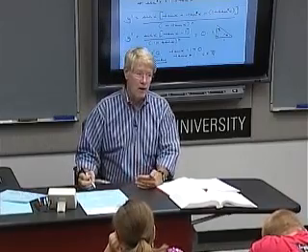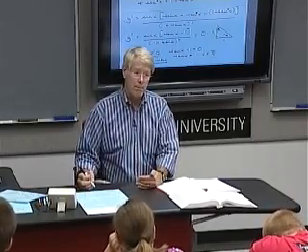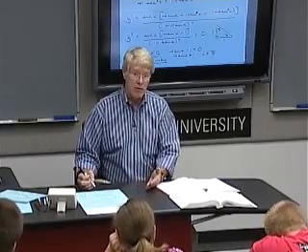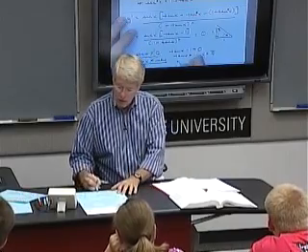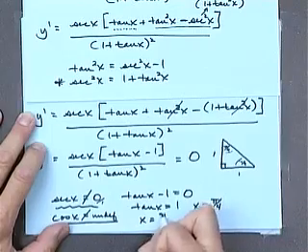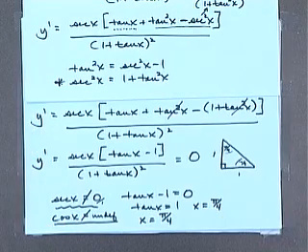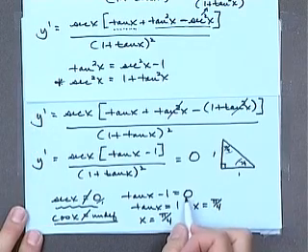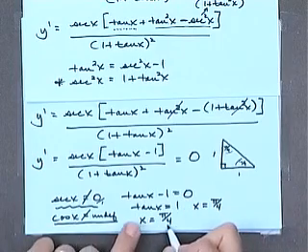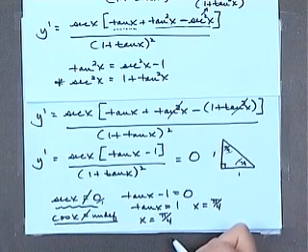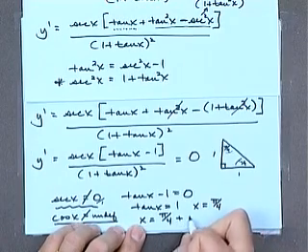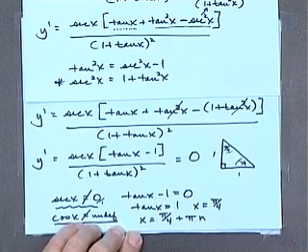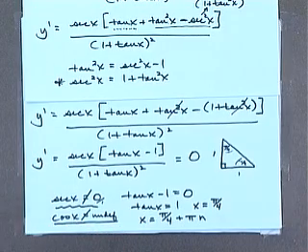But is that the only place where the tangent is 1? No, it repeats, and in fact it repeats every pi radians. So if we're going to give all the values of x that satisfy the equation tangent of x equals 1, we found one, pi over 4, and let's tell how to get to the others. Plus pi times n, and we want to add what kind of multiples of pi?